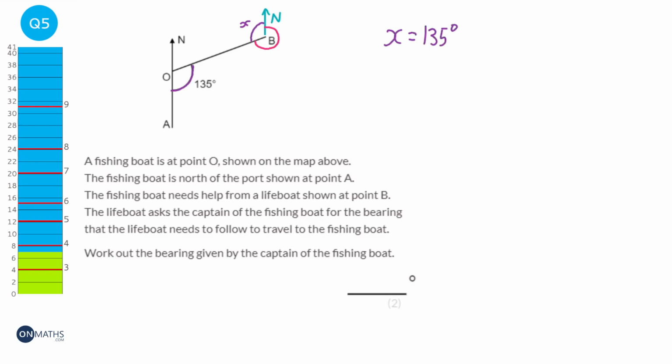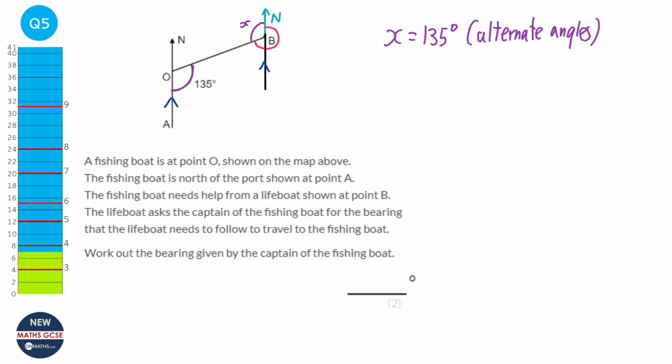And the reason for that is, I'm just going to extend the north line down, because we have a set of parallel lines here, and we have a set of Z angles, which we know are alternate angles. And always show the reasons to the examiner.